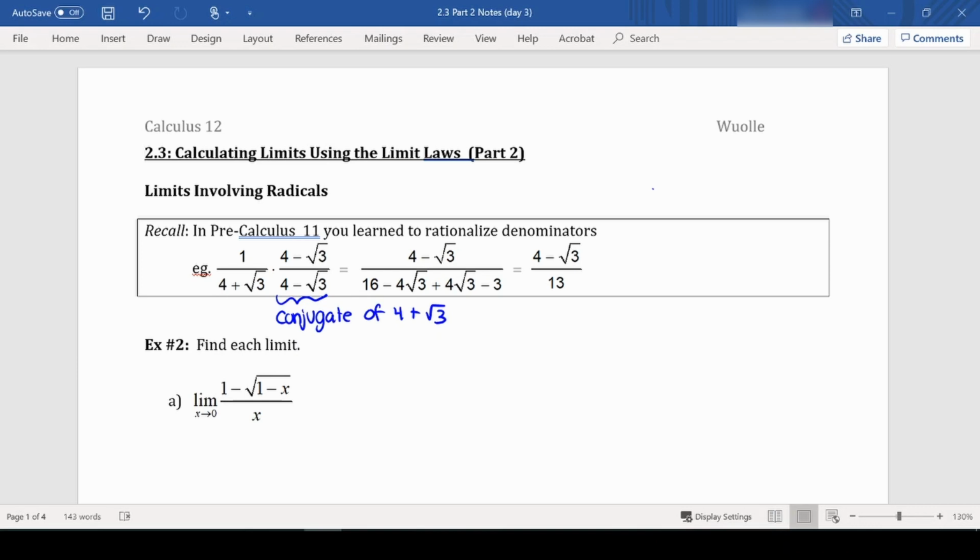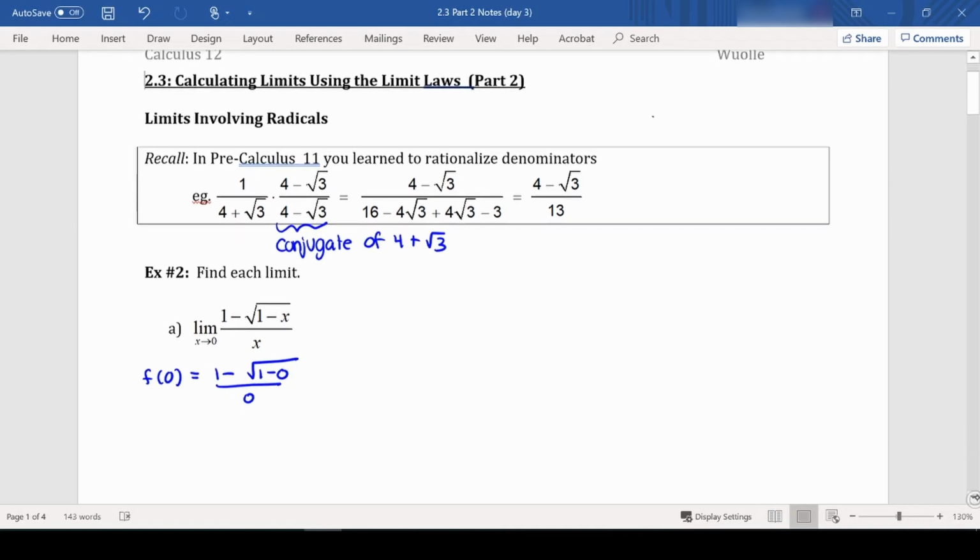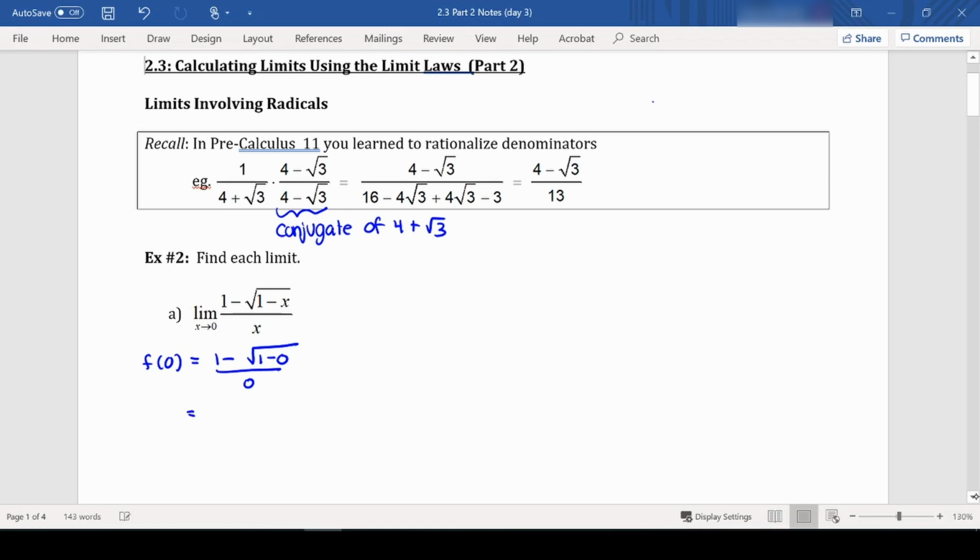If I take a look at this limit and try direct substitution, if I do f of 0, I get 1 minus root 1 minus 0 over 0. Automatically we see we're going to have an issue because you've got a denominator of 0. If I keep going, I get 1 minus root 1 over 0, which gives me 0 over 0.